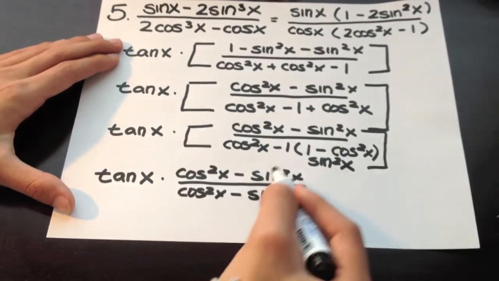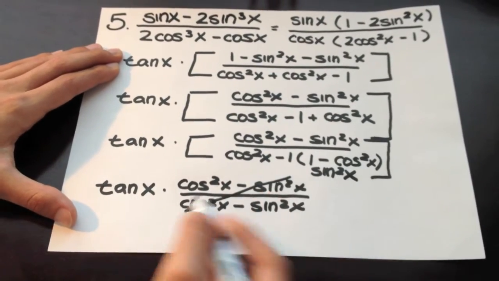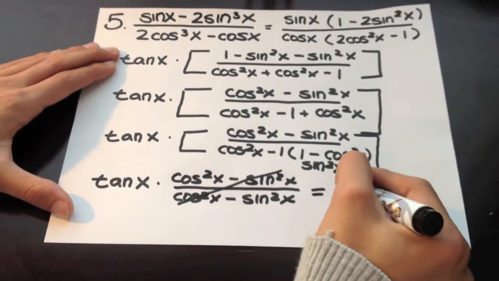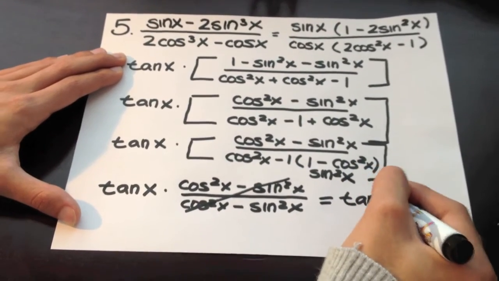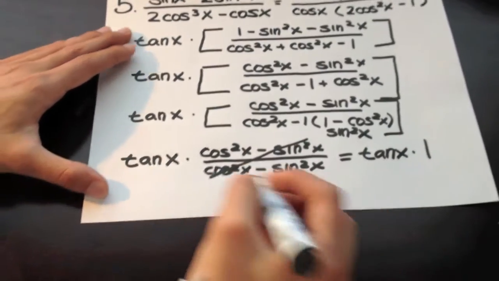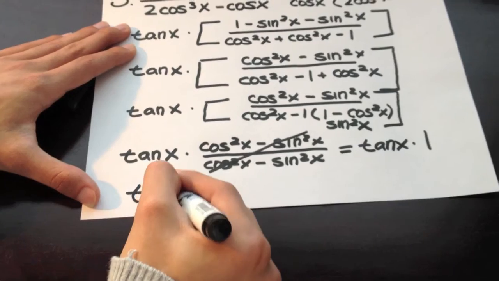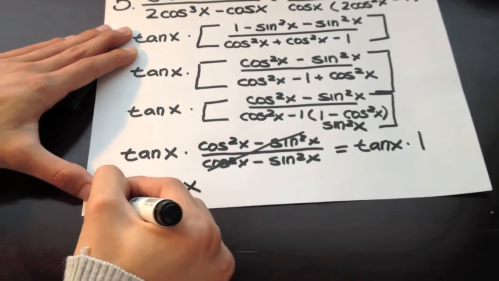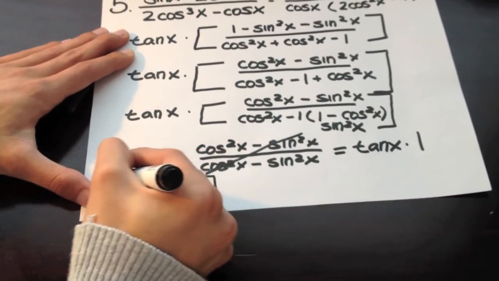So this cancels out, and you're left with tan of x times 1, which is the same thing as tan of x. And this is our final result.